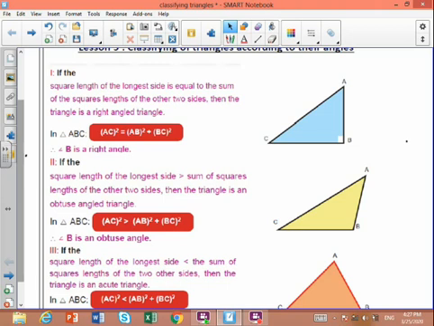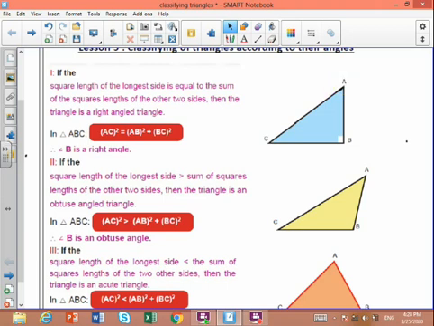First, if the square length of the longest side is equal to the sum of the squares of the other two sides, then the triangle is what? Excellent. Then the triangle is a right angled triangle at B. Why? This is the Pythagorean theorem.